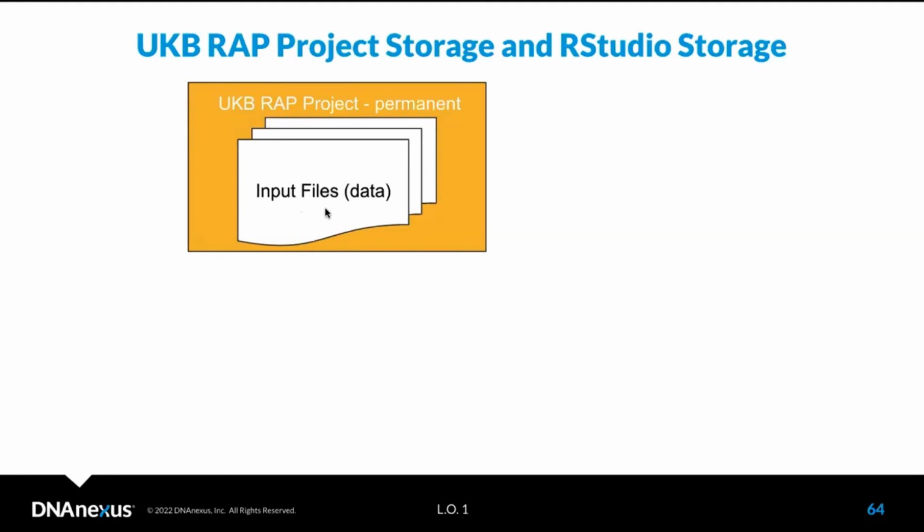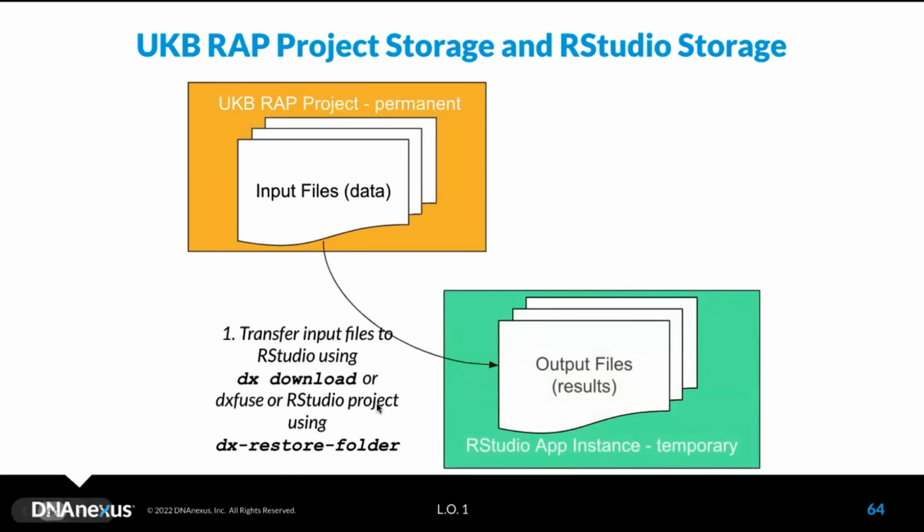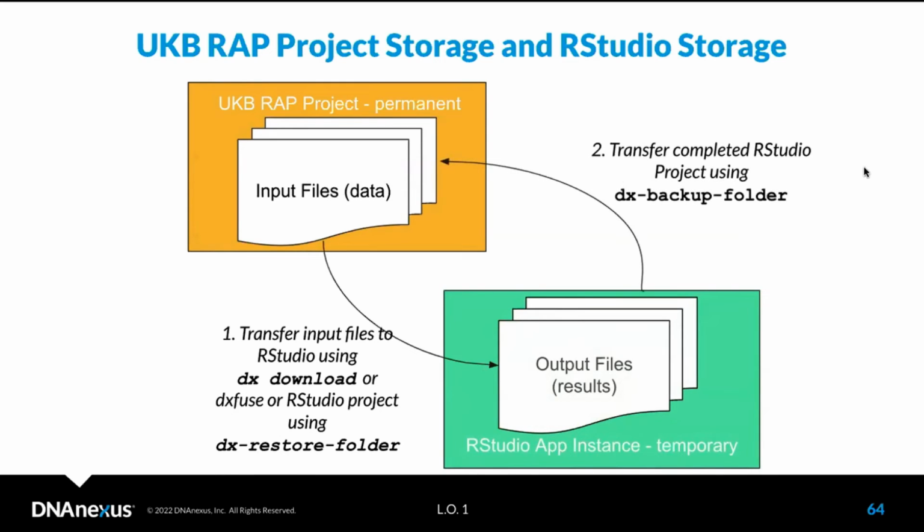We can get our files from our bulk folder or our exported Pheno data, and you can transfer these input files over with dx download, or if you have everything in the RStudio project, dx restore folder. You'll do some work, you'll generate some output, and then you'll transfer the RStudio project back using dx backup folder.